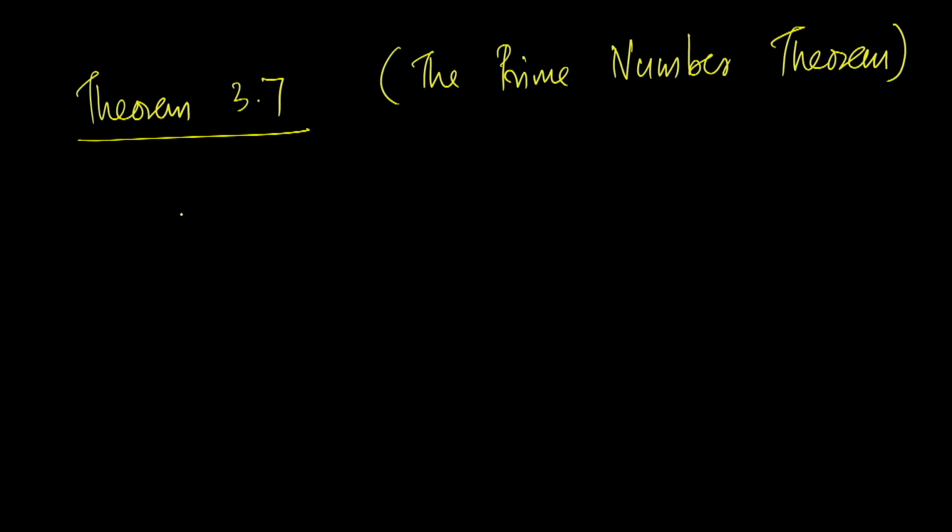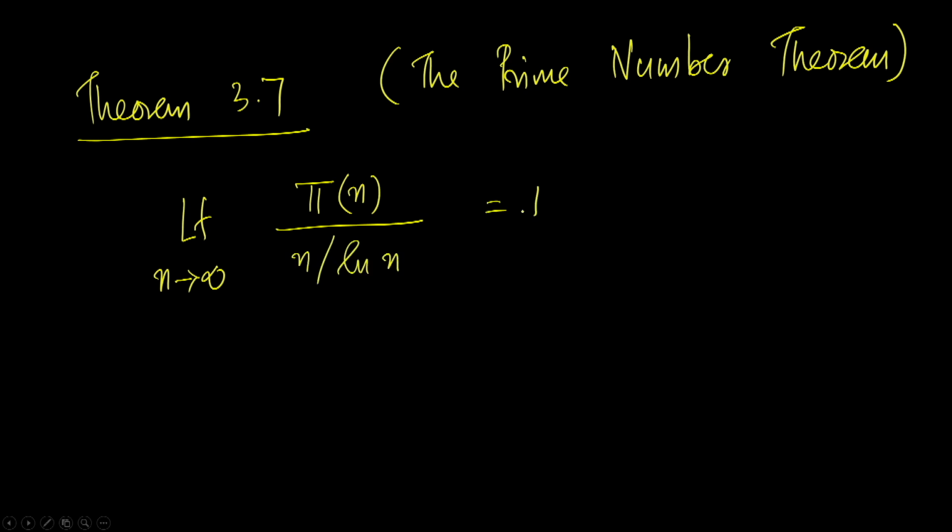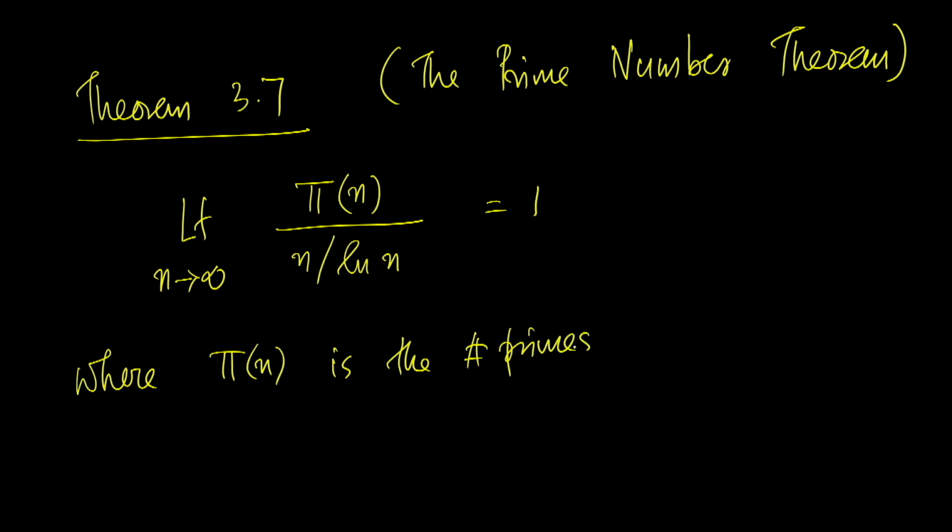What this theorem states is that the limit of n tending to infinity of π(n) divided by n/log n equals 1, where π(n) is the number of primes not larger than n.